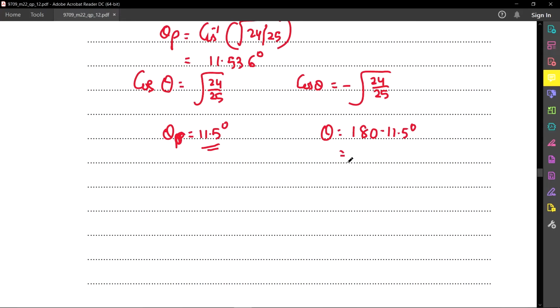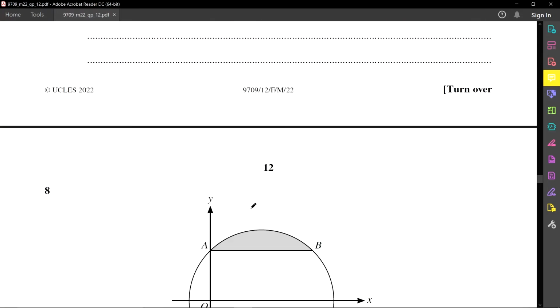Use the actual value, 180 minus that, which gives 168.46, again angle to one decimal place, 168.5 degrees. Therefore the angles are 11.5 degrees and 168.5 degrees.